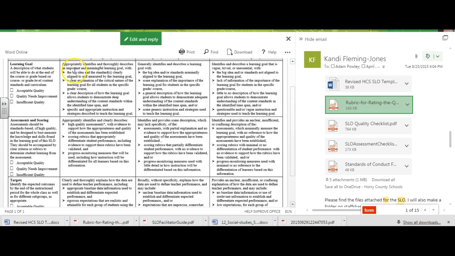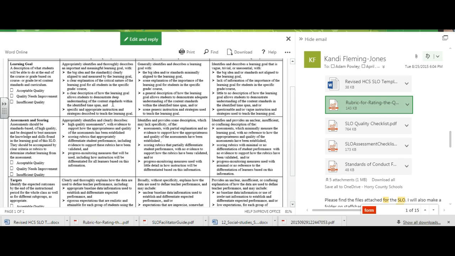So remember, you have the big idea and your standards. You have a clear explanation of why that learning goal is important for your grade and for your students. Clear explanation of how the goal shows a deep understanding of your content in your course and that it is something that is feasible within the time period allowed.